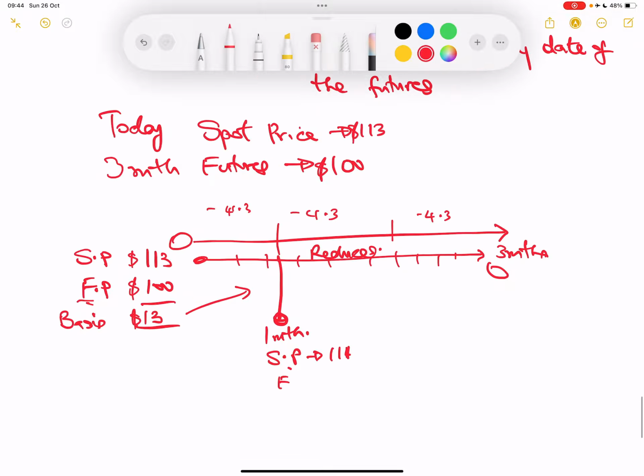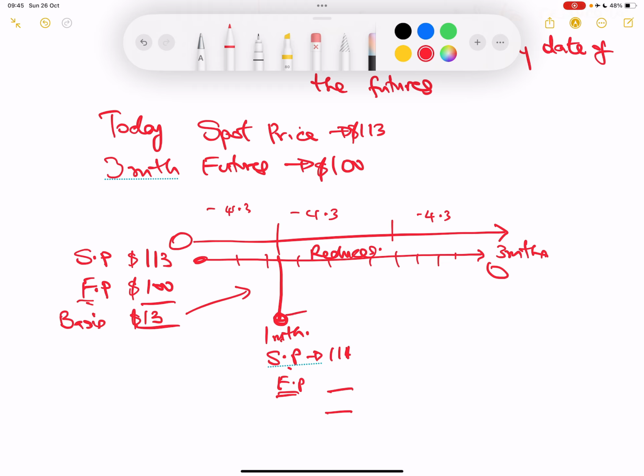That is why people use this understanding to actually predict future prices. It's a very popular method, and please pay attention as I'm explaining it. Because I know that my future should be trading at a price that is equal to my spot price minus the unexpired basis.